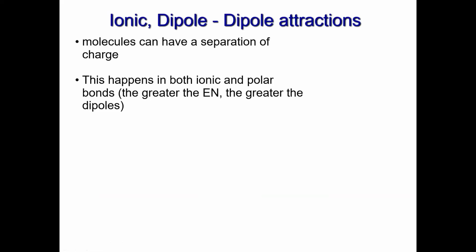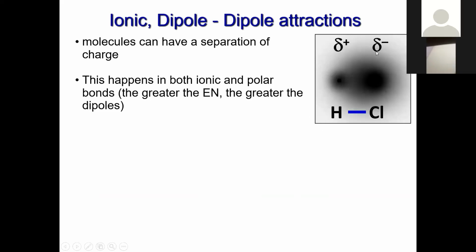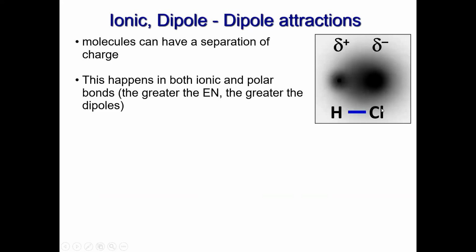So in molecules whereby you can have separation of charges, like your HCl, hydrogen is positively charged and chlorine is negatively charged. So this molecule is a polar molecule whereby you have a positive end and a negative end.